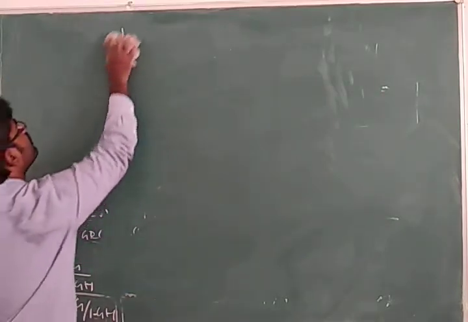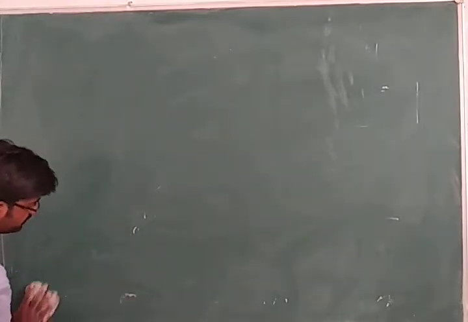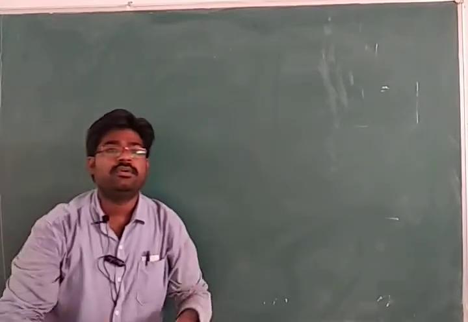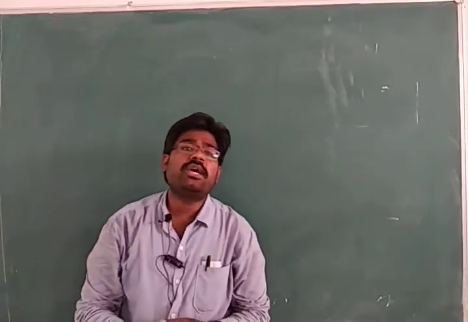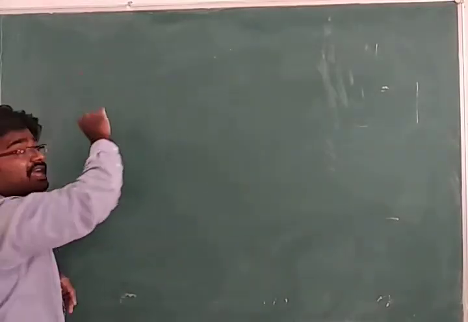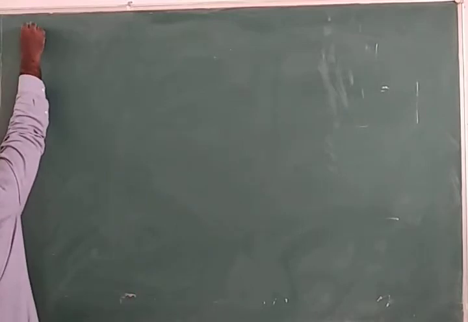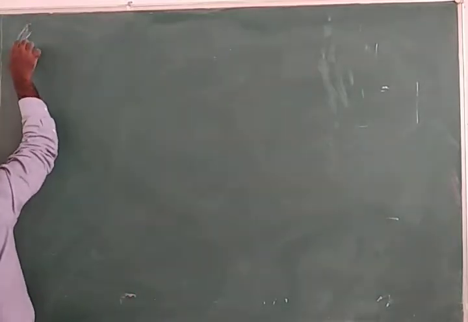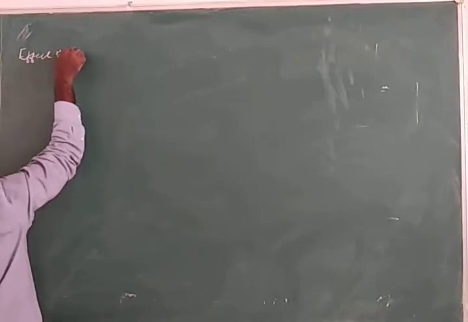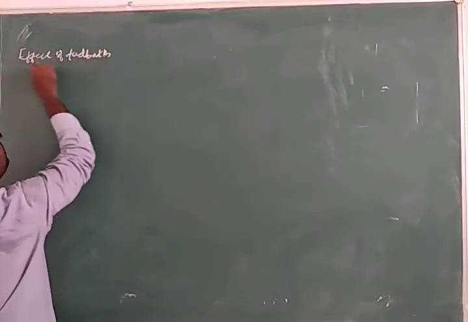Next, due to the presence of feedback in the signal, what are the things that are going to get affected? That we will see here. So what is the effect of feedback on the different factors? What is the effect of feedback on the following parameters?